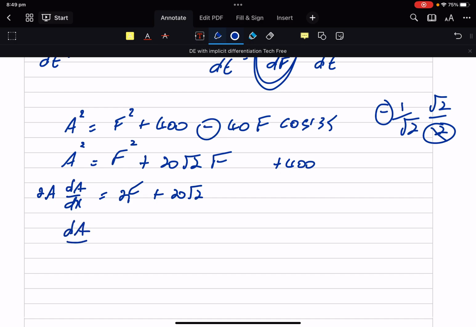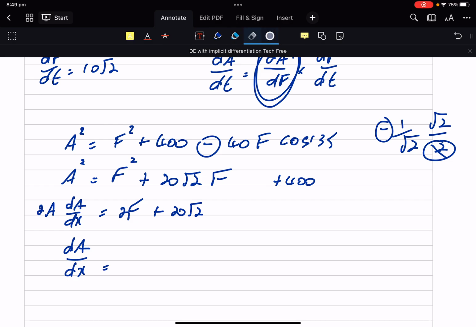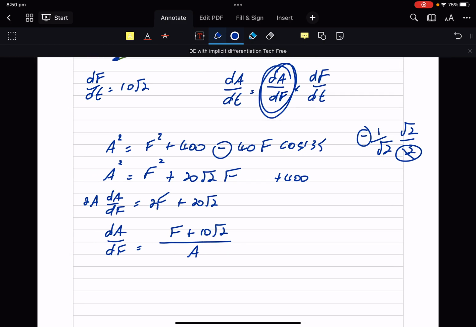So dA/dx will be, it's not dx, it's dA/dF. F plus 10 root 2 on A. Just get rid of that 2 there. Okay.